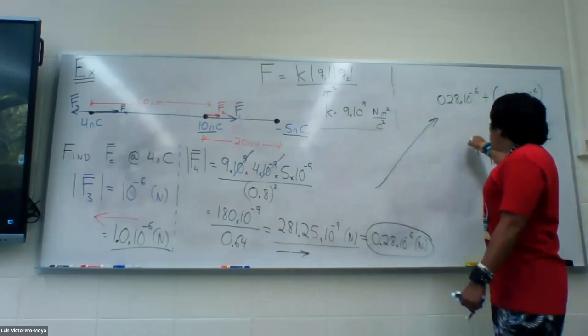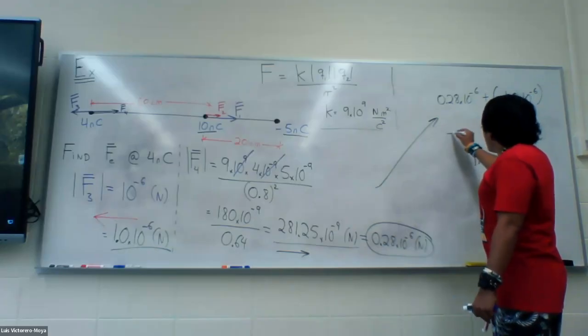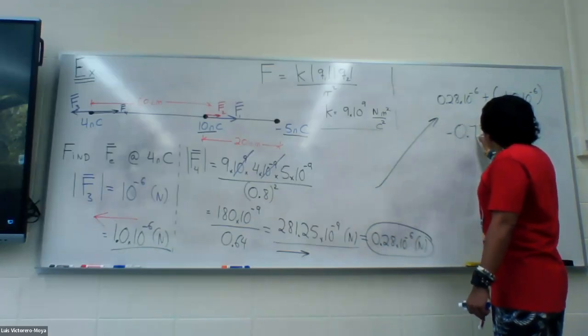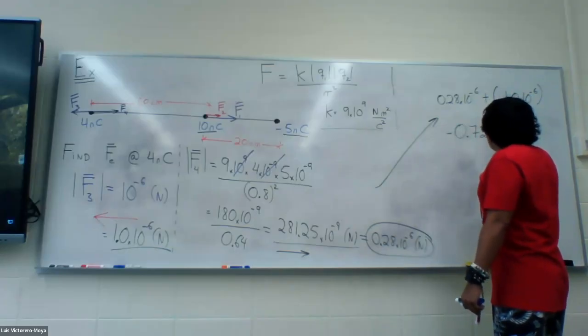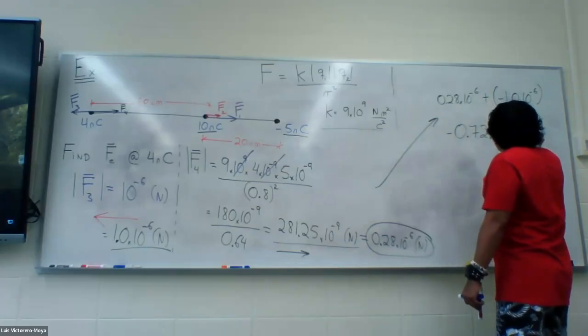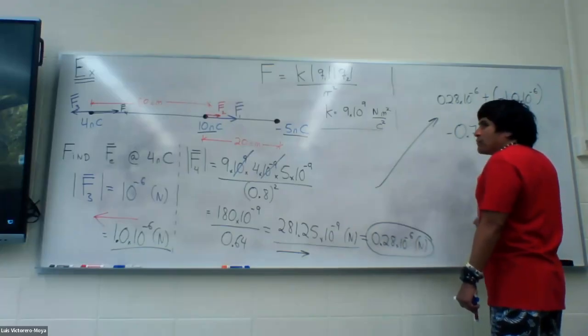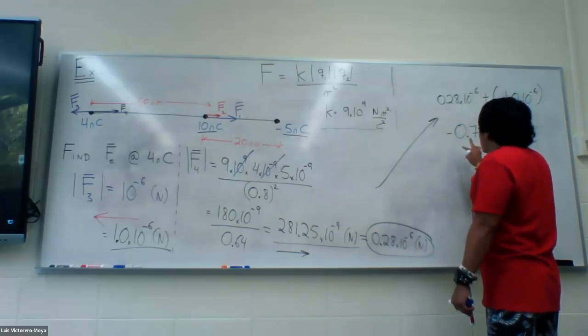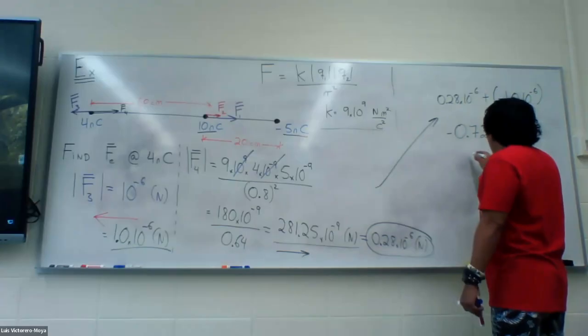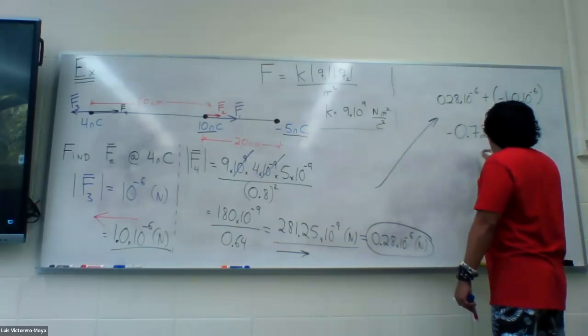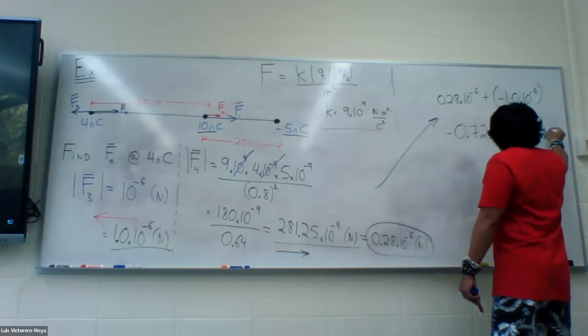That will give you negative 0.72 times 10 to the negative 6 newtons. Or, vector wise, we'll have to do it on the x-axis.